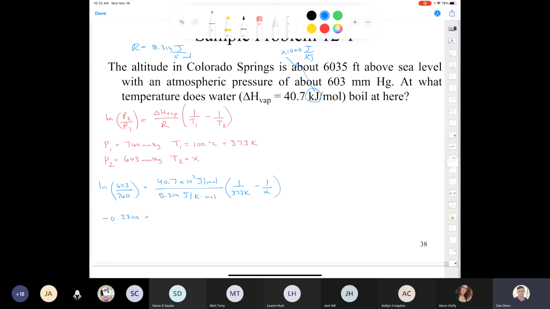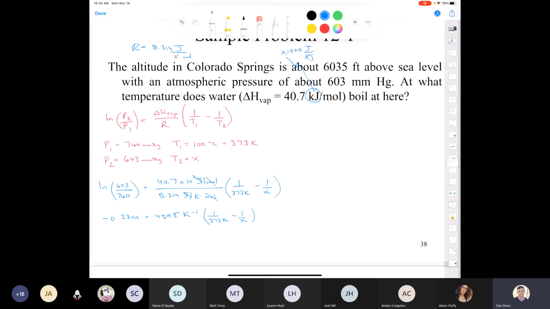That is equal to 4,895. Notice that joules cancel and moles cancel. So I get reciprocal Kelvin. And then I get 1 over 373 Kelvin, subtract 1 over X.